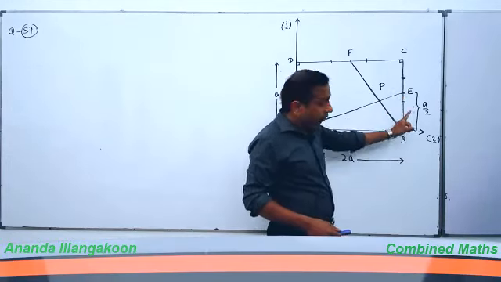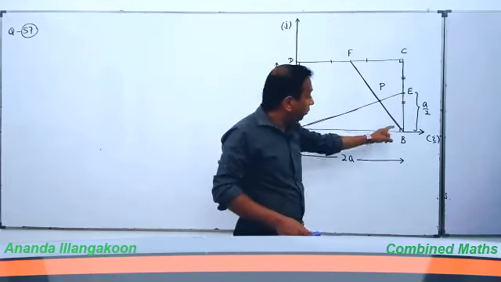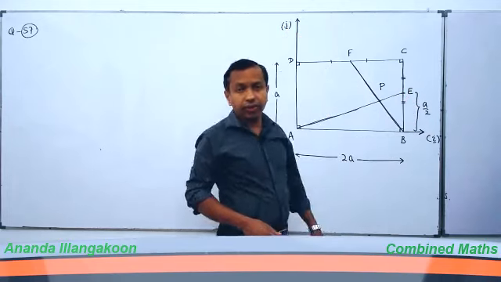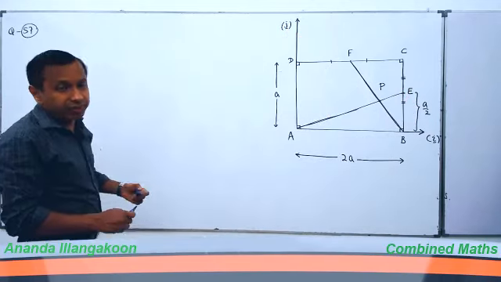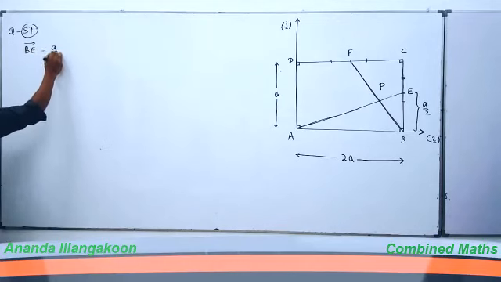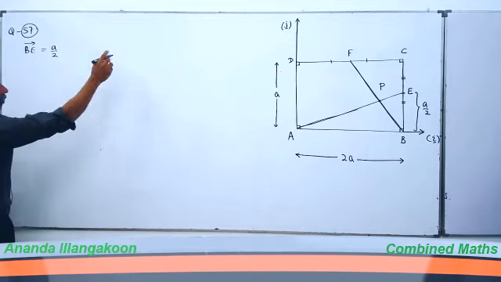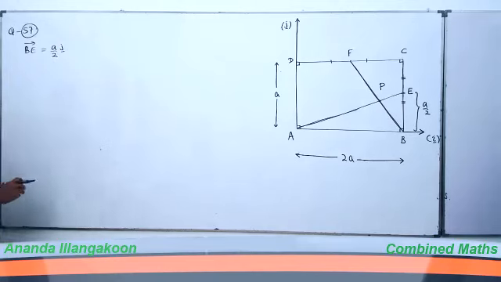BE direction, B to E direction, unit vector is j. So then you can write BE vector. How to write BE vector, people? BE vector is equal to B to E distance A by 2, along B to E direction unit vector j.